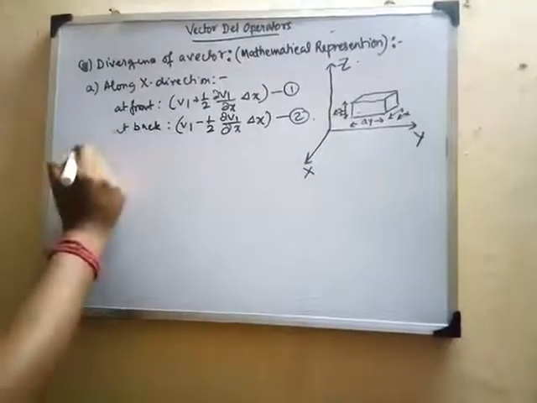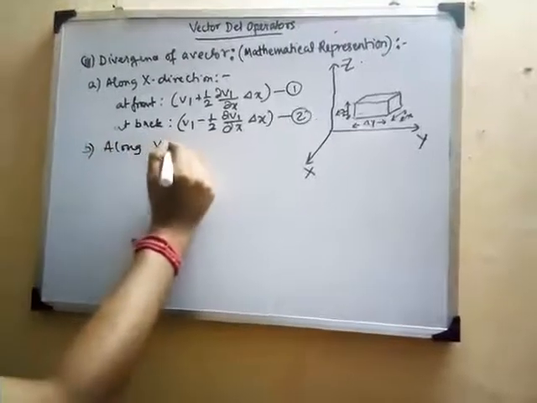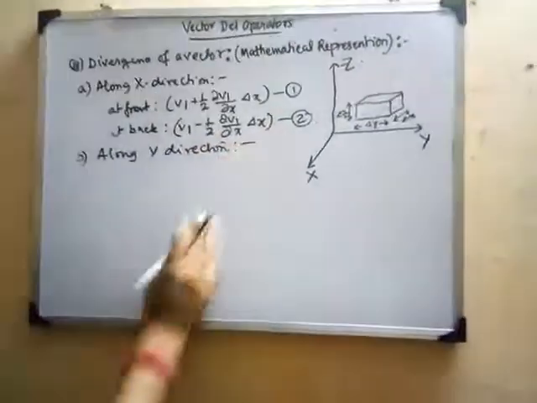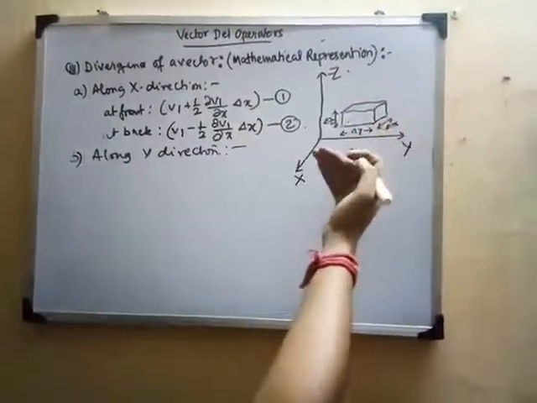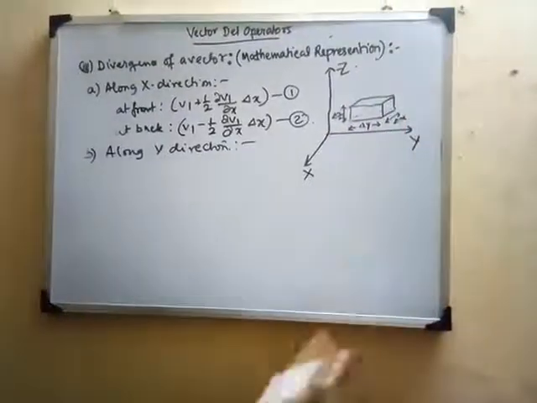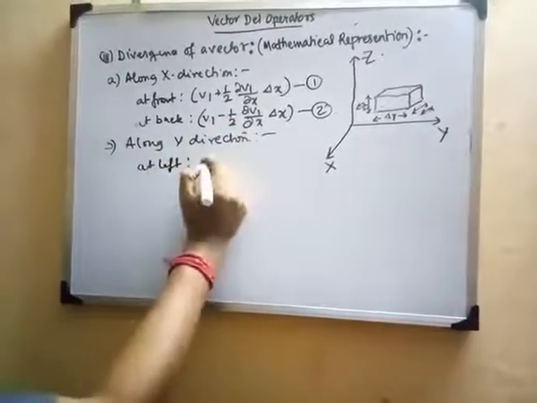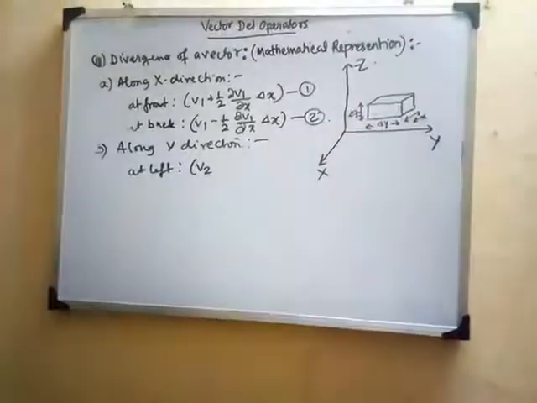Now let us find out what is happening along the y direction. One y direction is along this left side, another is that side, the right side. At left, v2 is the component in the direction of y.